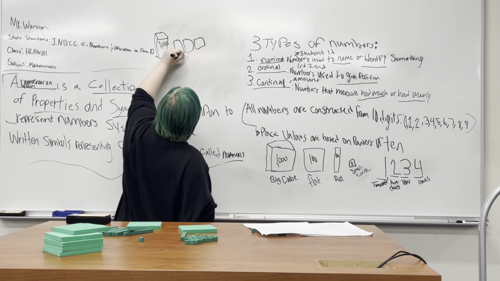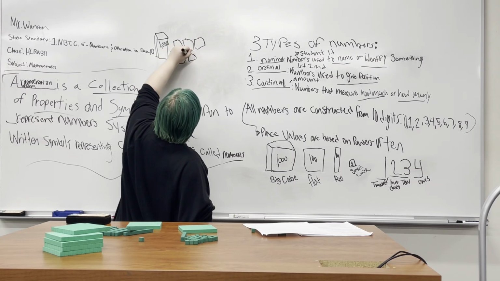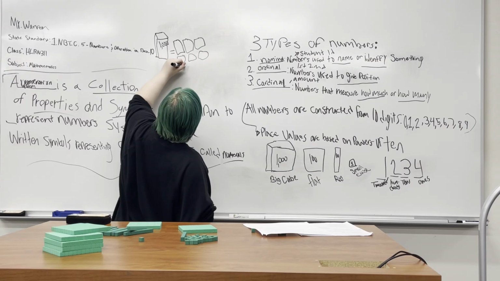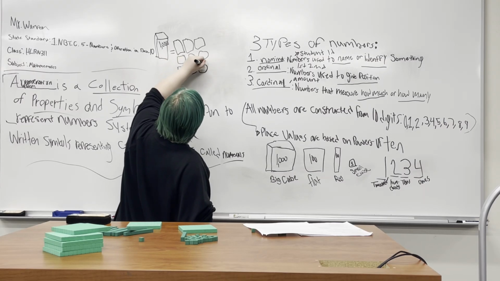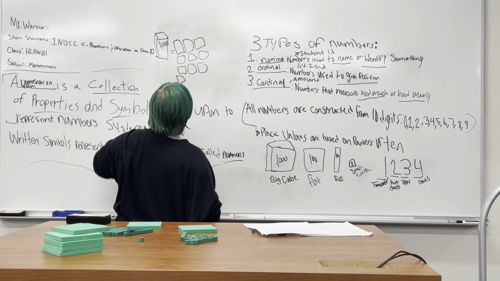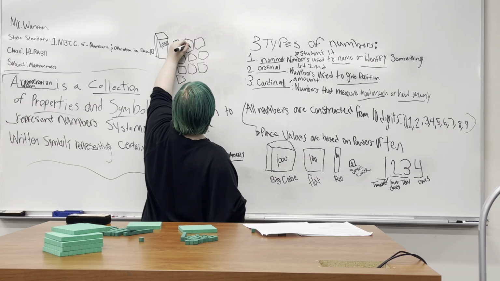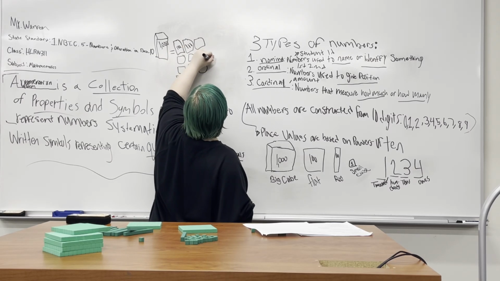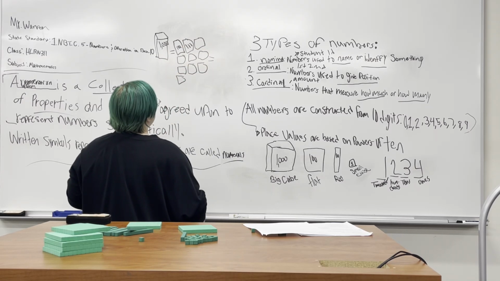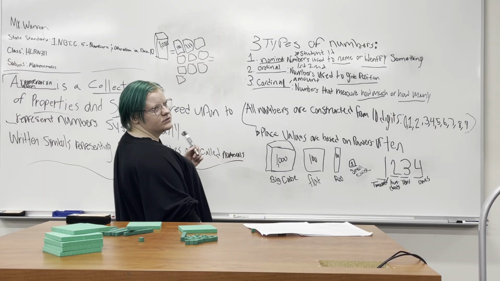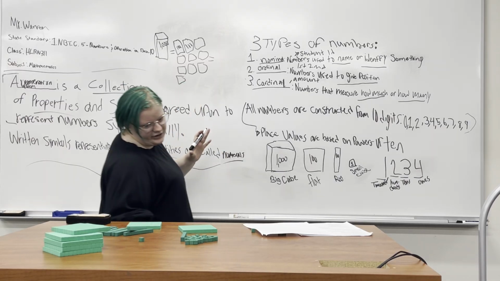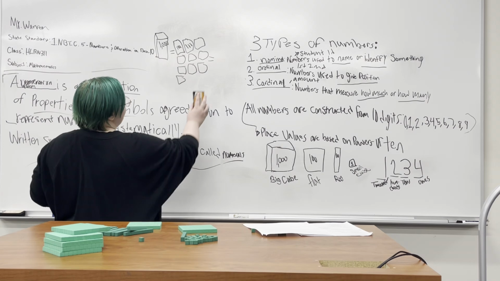Draw these real quick. One more. 10 flats that each equal 100. And this is also going to be equal to 100 rods, which I'm not going to draw that out because that's going to be too much, but you get the idea.